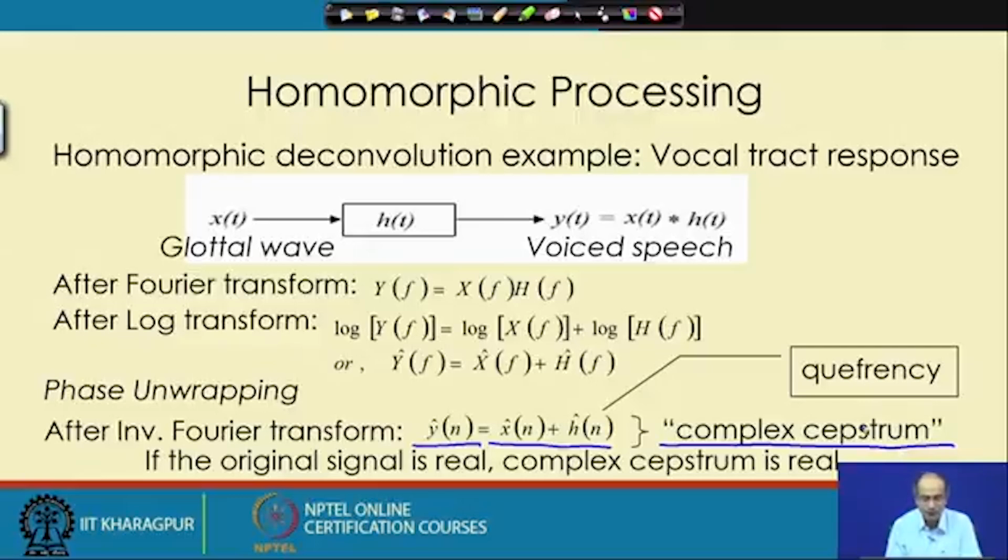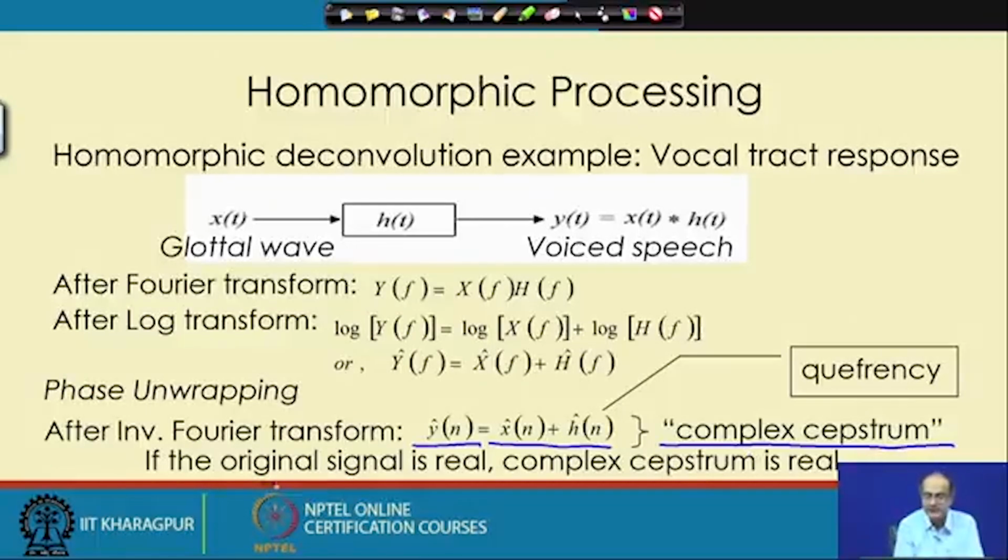So, why are we calling this complex cepstrum in that way? Because it has gone through some transforms and it is not the same as the original time domain, because the Fourier transform and inverse Fourier transform are taken, and in between some log was also taken, which makes it different. This complex cepstrum has some good properties.